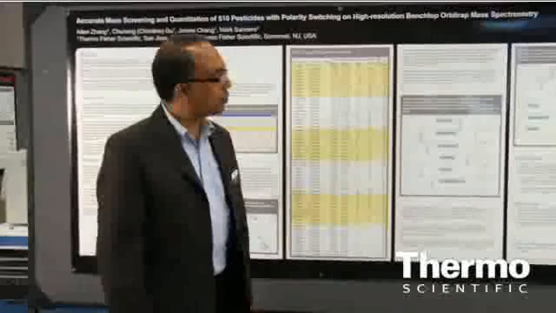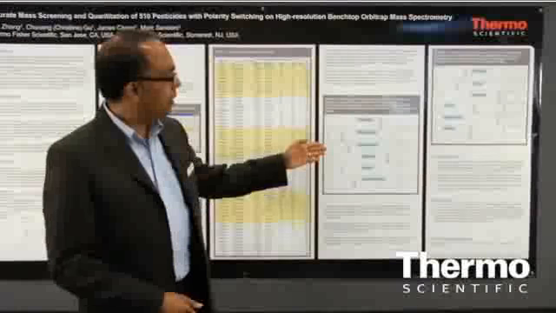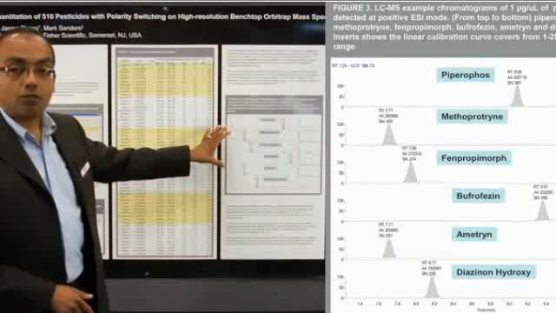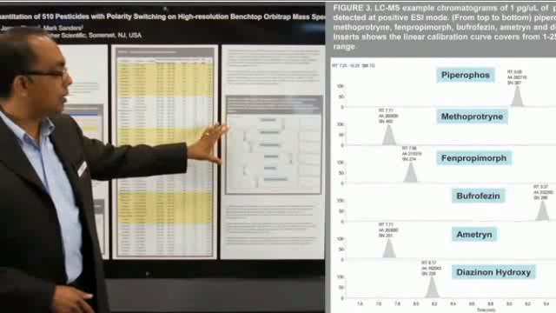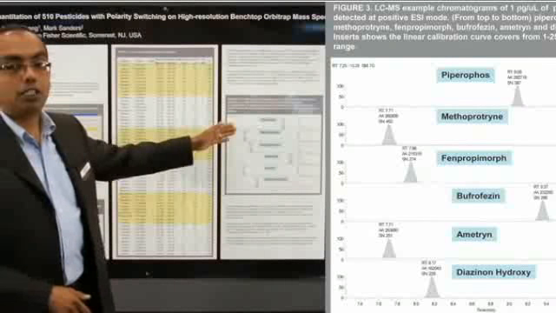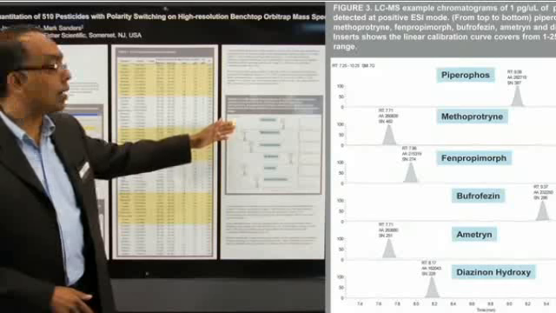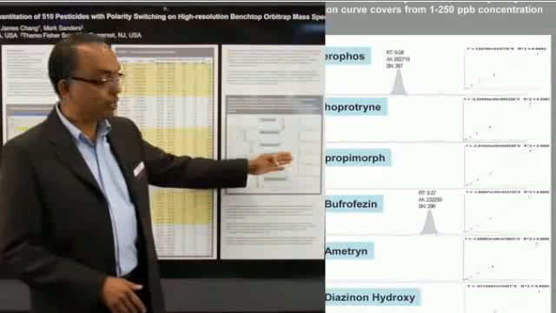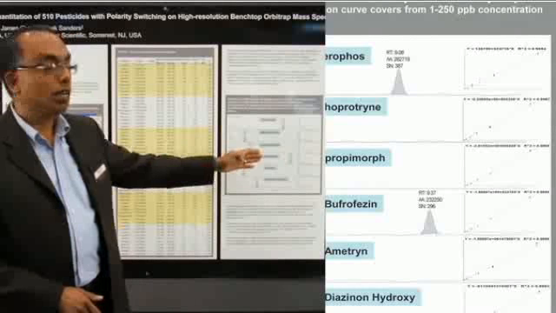So we'll now move over to some results, and the figure here shows again a snapshot of the analytes we looked at. Specifically in positive electrospray mode, the detection limits range from 1 to 250 ppb, and on the right hand side, if you look closely, you will find the linearities for each of these.